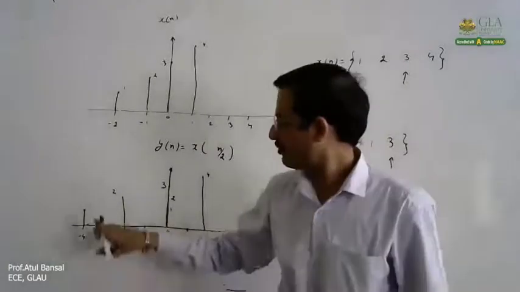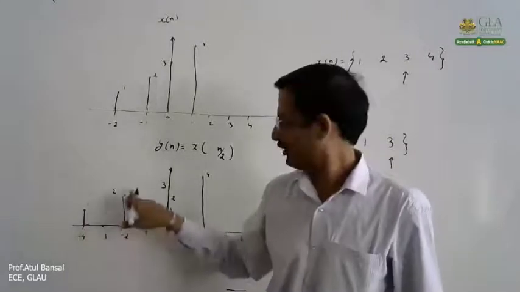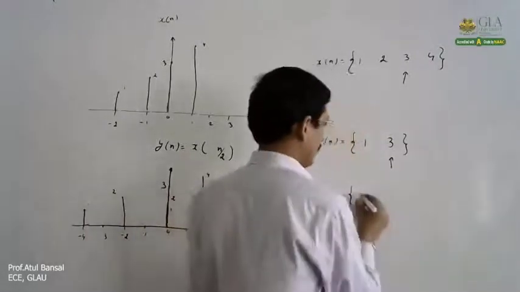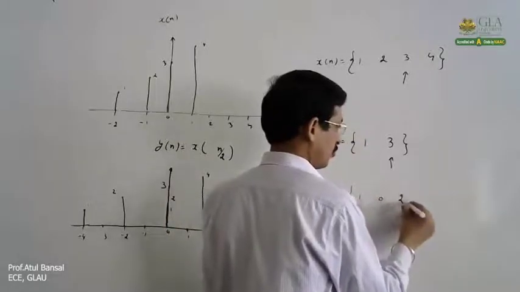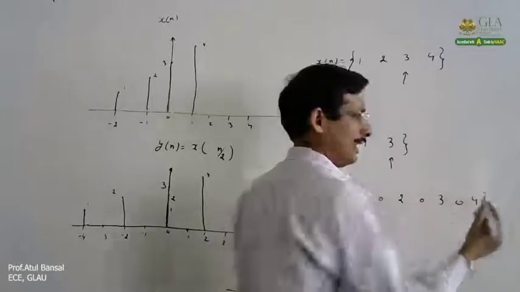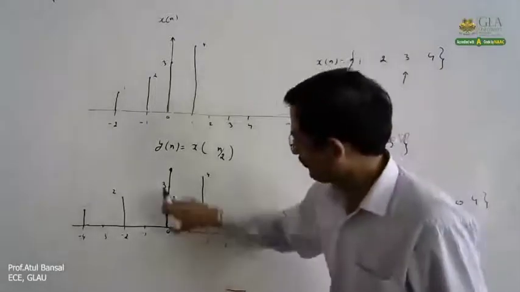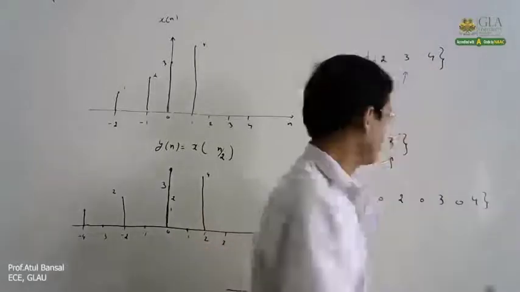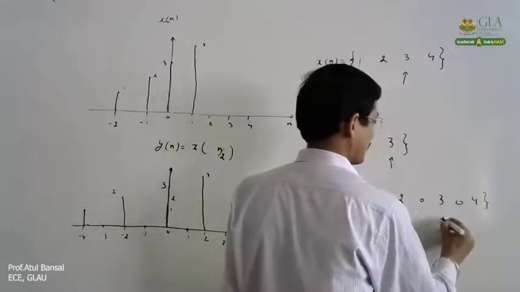If you look at these values, 1, 0, then 2, 0, 3, 0, 4. And the arrow should be where the value 3 is, at 0.